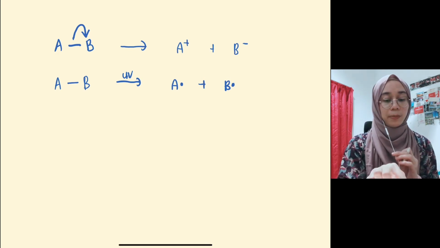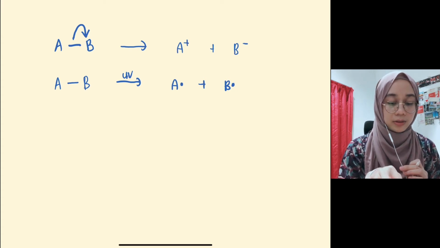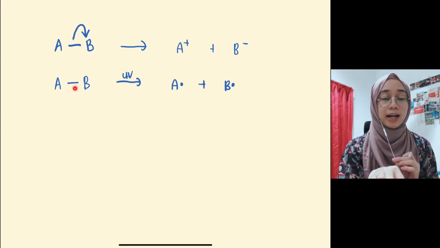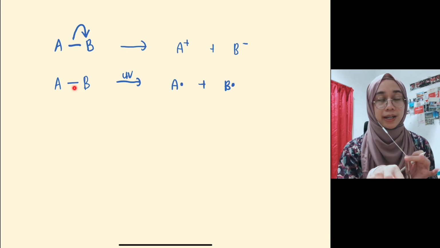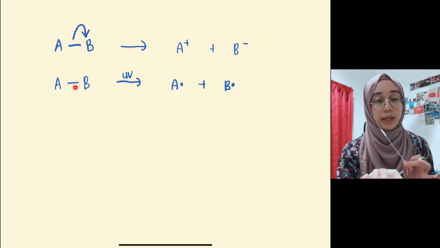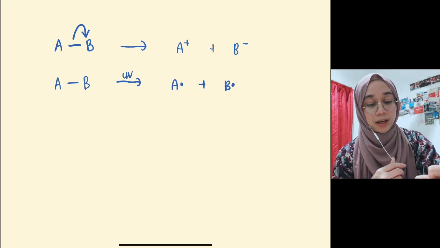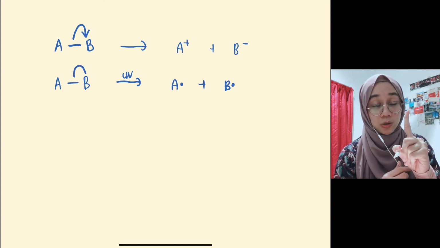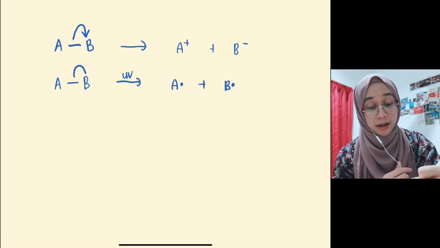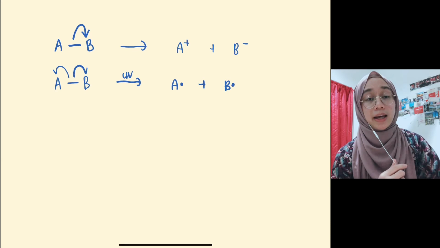Okay, so bond dekat sini. Nanti dia akan break symmetrically. Dia akan break equally. Bermaksud one of the electron akan pergi kepada B. Satu je elektron kan? So, kita kena guna half-headed arrow. And then, satu lagi elektron akan pergi kepada A.